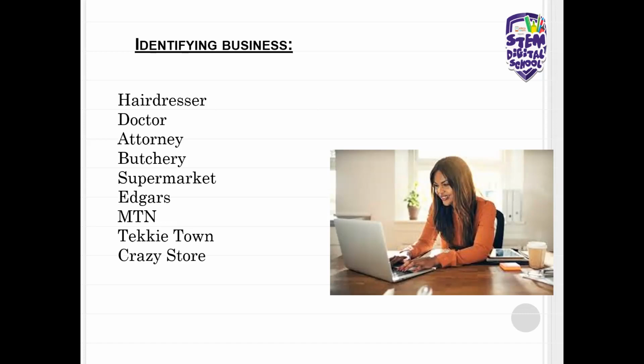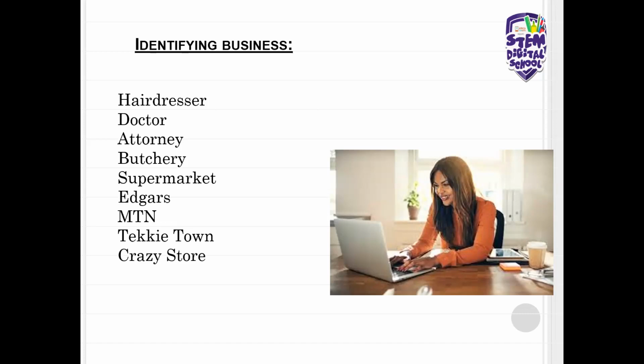There you see, attorney is a service enterprise. There's no products involved there. There's no items involved there. The attorney is a person that is helping you out when you may be in trouble. So that is definitely a service business.